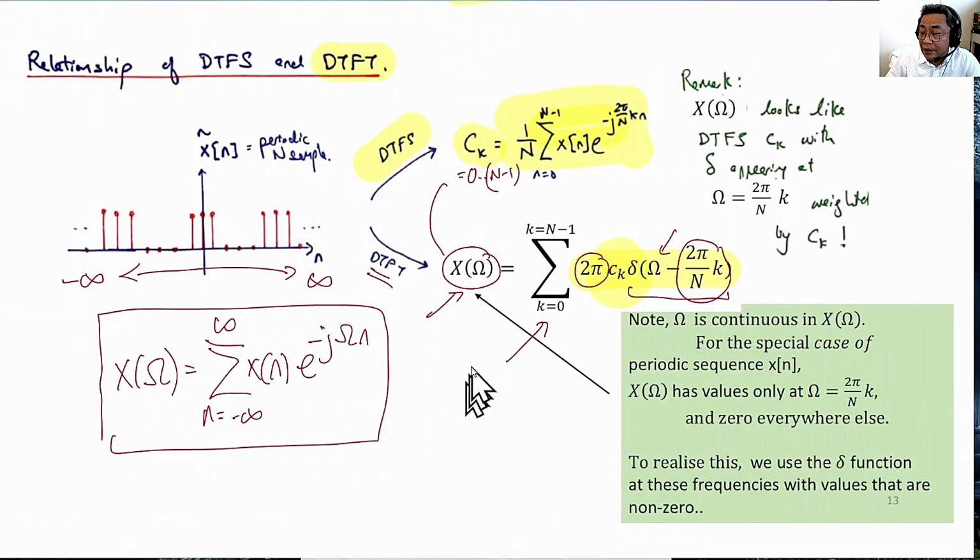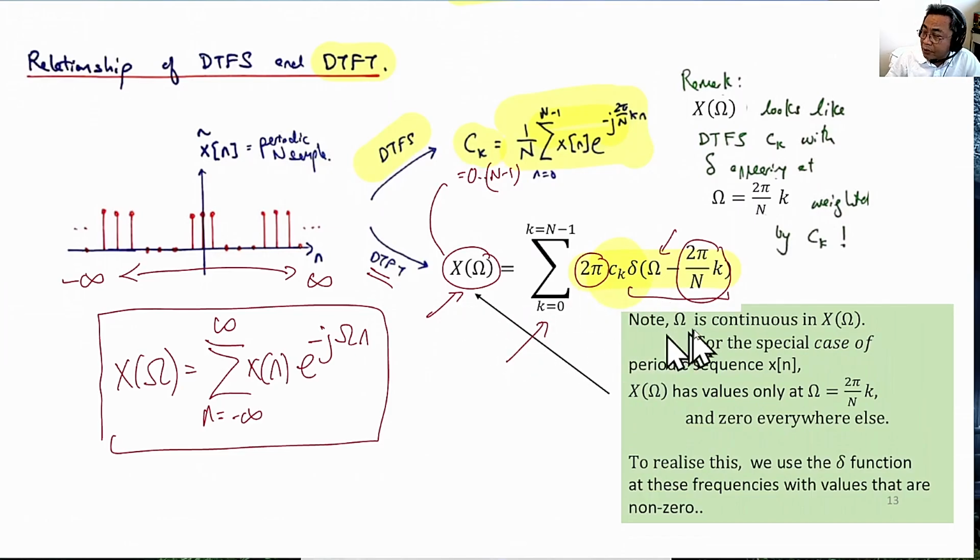So X of omega cannot be simply found this way. Instead, for periodic signals, this is the only way: we use the DTFS, and then by using delta functions find the expression of X of omega.